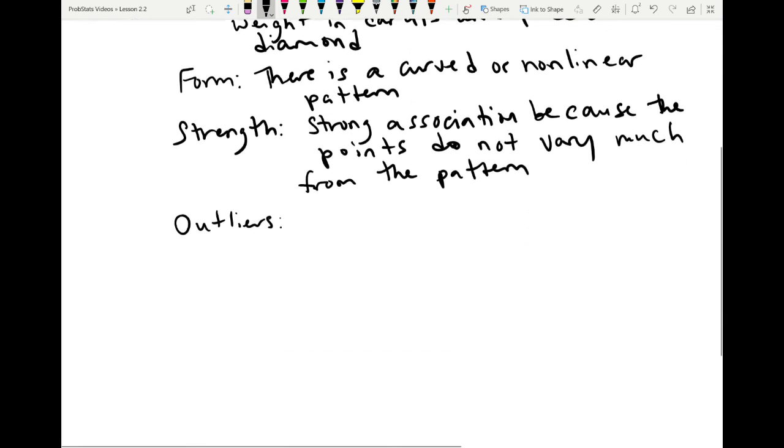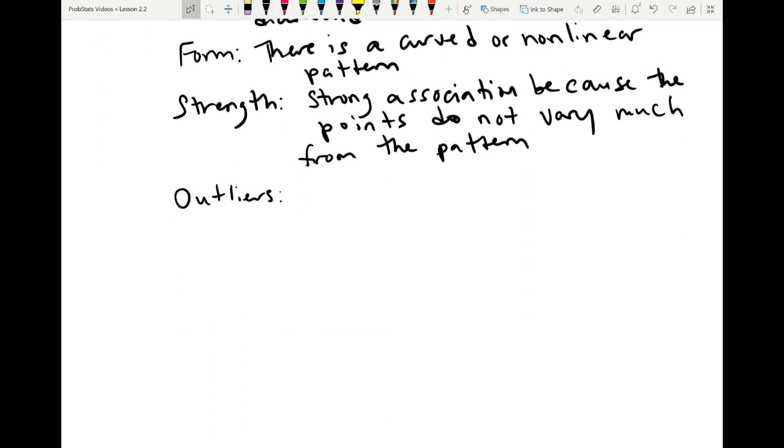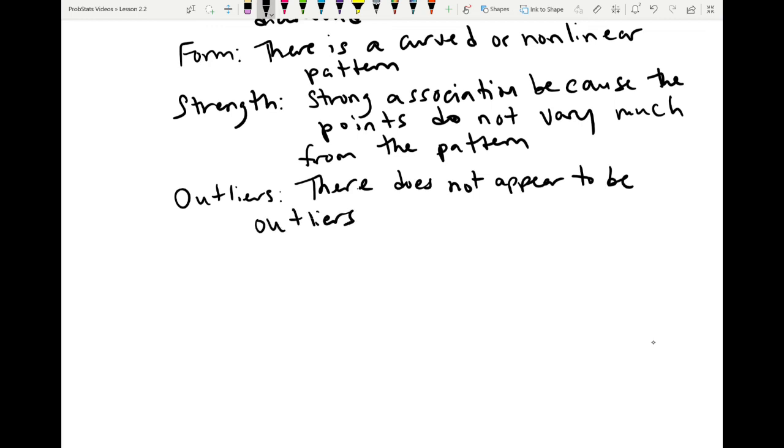So we can say that there are no outliers here. There doesn't appear to be any outliers departing from the curve pattern that we see.